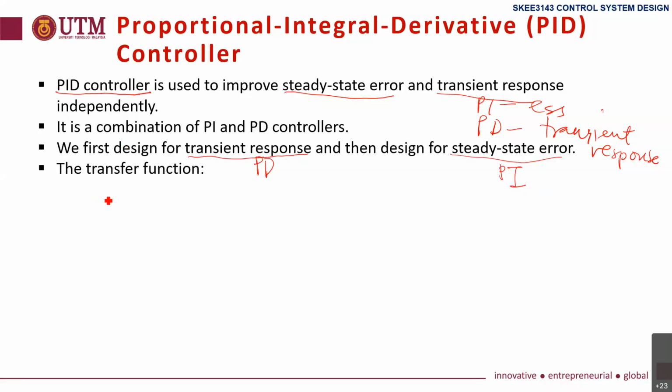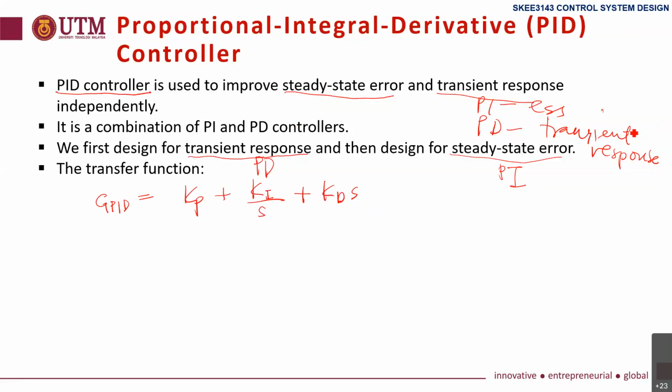The transfer function for PID, G_PID, is KP, the proportional gain, plus KI over S, the integral gain, we divide by S because of integral, plus KD S. This is derivative.